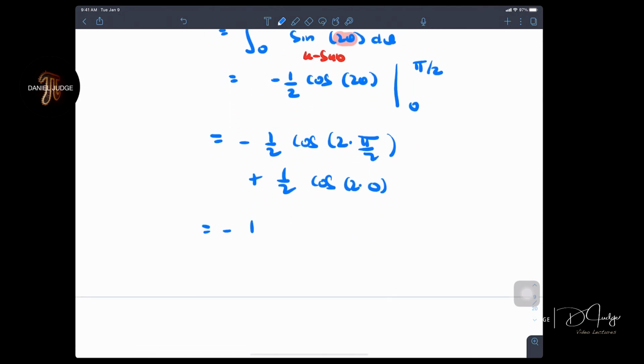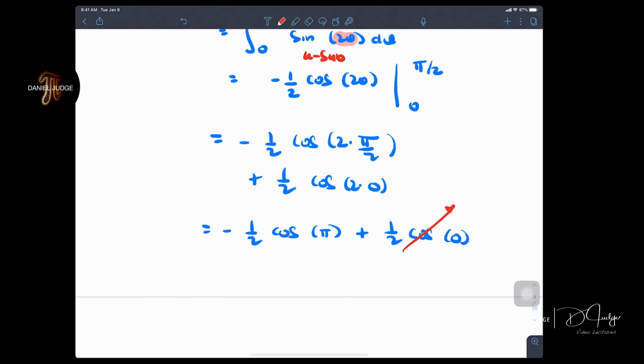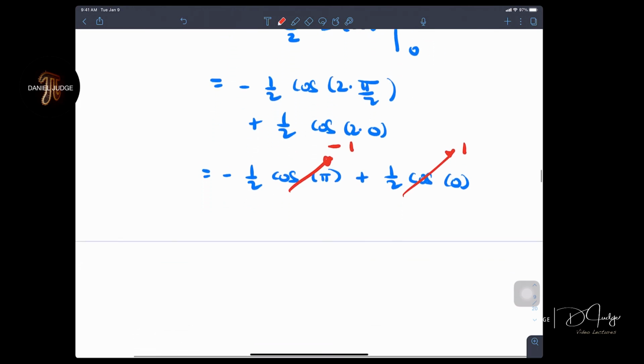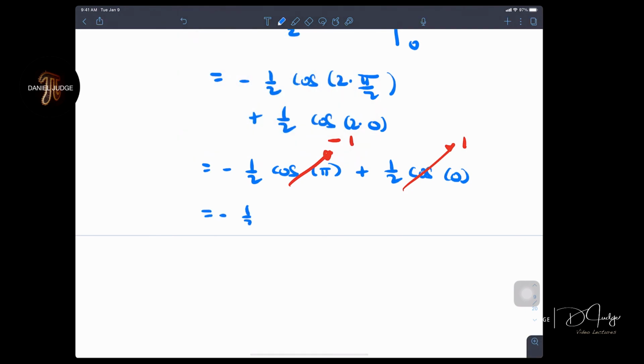So we get minus 1/2 cosine pi plus 1/2 cosine 0. Now cosine of 0, ladies and gentlemen, is 1, and cosine of pi is -1. So we get minus 1/2 times -1 plus 1/2, or 1/2 plus 1/2, which is 1.